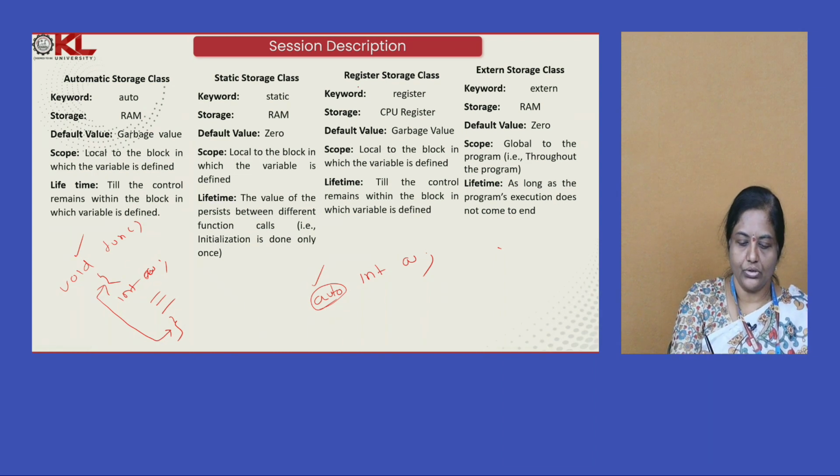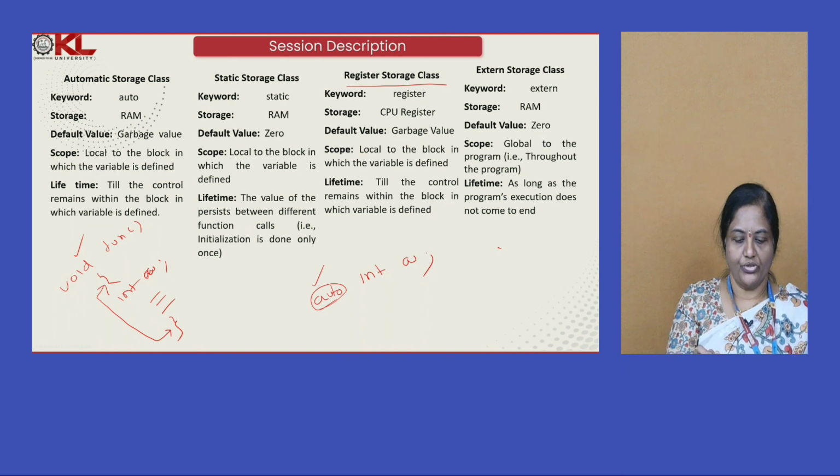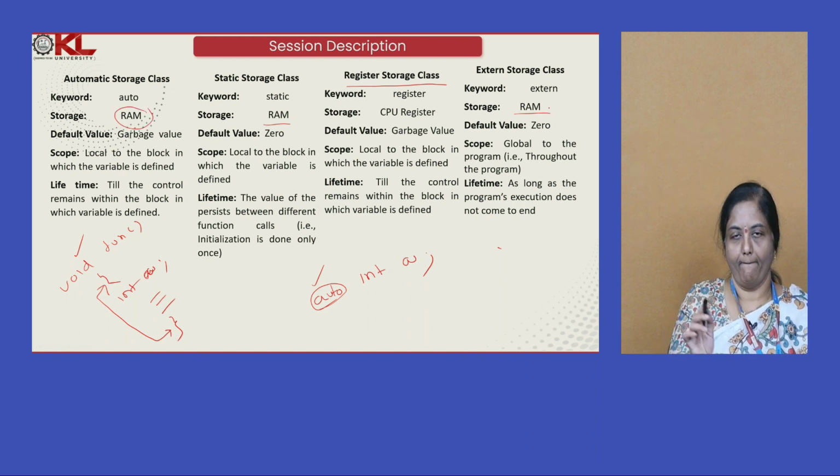Then coming to the next storage class, called the register storage class. The keyword is register. If you observe, other than the register storage class, all the storage is RAM only.